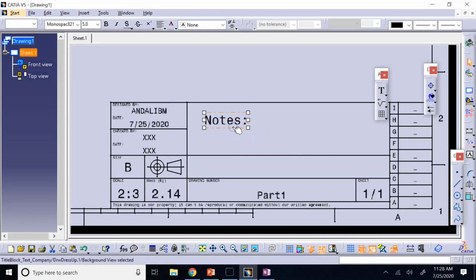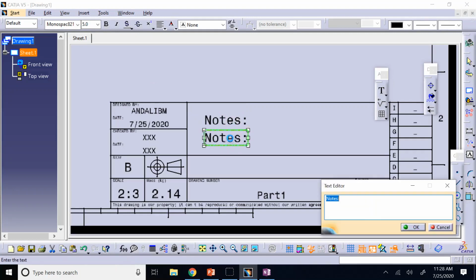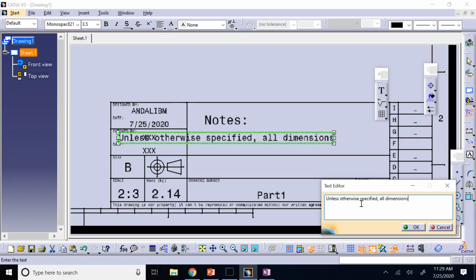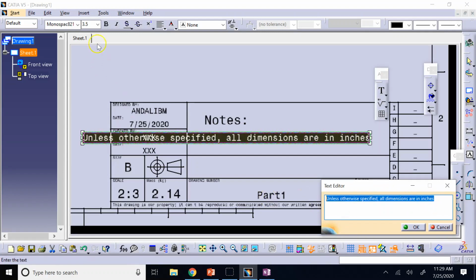And in the notes, I want you to provide this general note that unless otherwise specified, all dimensions are in inches, right? And let me make it a little bit smaller.